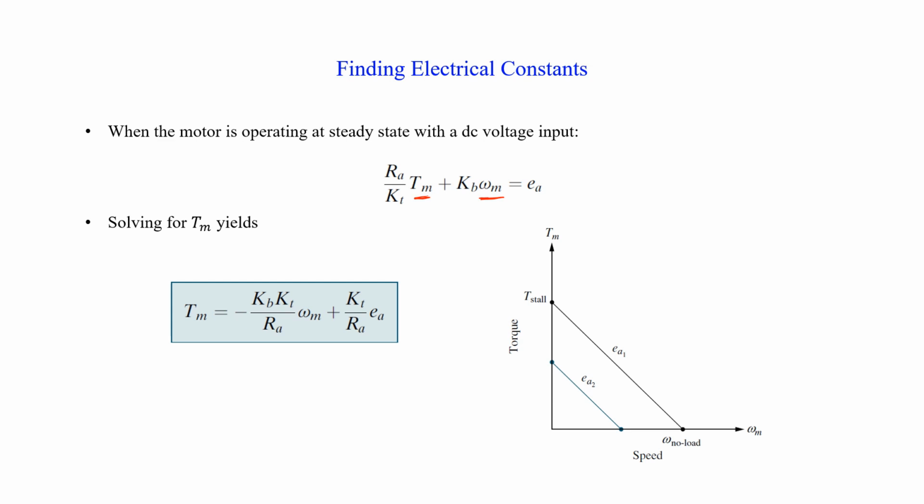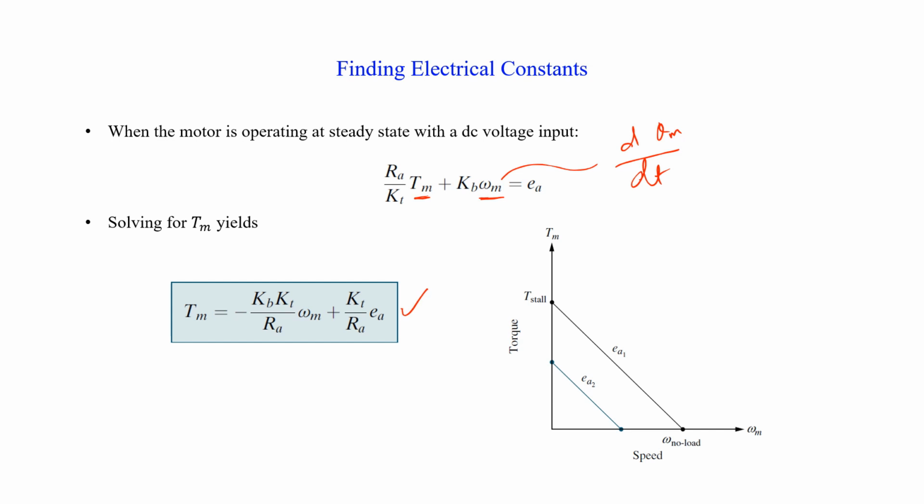That's why we have removed the dependency on time for these two variables. And by the way, this omega m is nothing but the time derivative of the angular displacement theta m. From here, if we solve for Tm, we will get this expression for the torque.